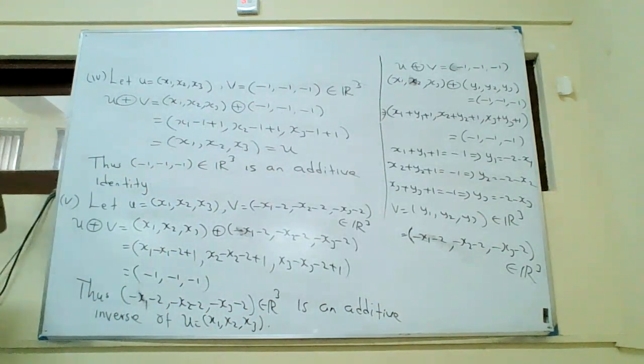Here we verified the 5 axioms. If the 5 axioms are satisfied, then we can say that this R cube is an abelian group. For the vector space, you want to check the 10 axioms. The remaining 5 axioms you want to check.